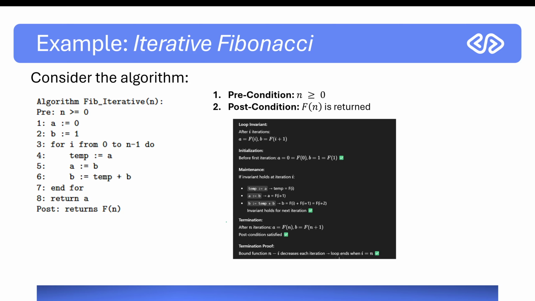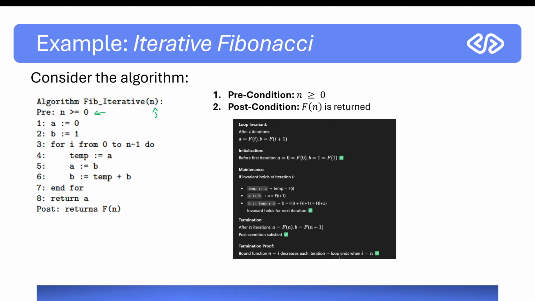I shouldn't get my slides done here, so I'm just going to explain what I got from chat, but I will try to explain this the best I can. Okay, so here's our precondition. We have an iterative Fibonacci algorithm, so it's going to calculate the Fibonacci number for a given n.